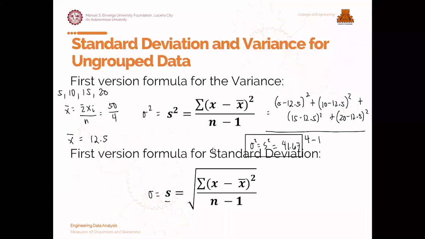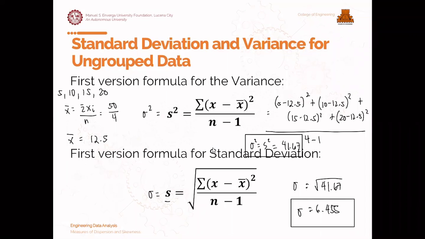So, for our sample problem, the standard deviation is just the square root of the calculated value for the variance. Okay? 41.67. So, we take the square root of that number, and we have 6.455. Okay? So, this is our standard deviation, or how our set of data deviates from one another, no?